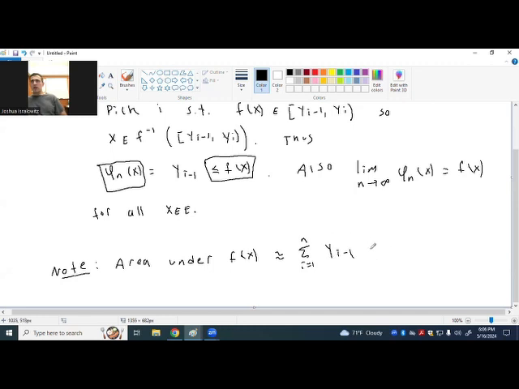So these specify the heights. And for nice functions, at least, this is the length of the base of my rectangle. So these are heights, and these are the lengths of my rectangle.